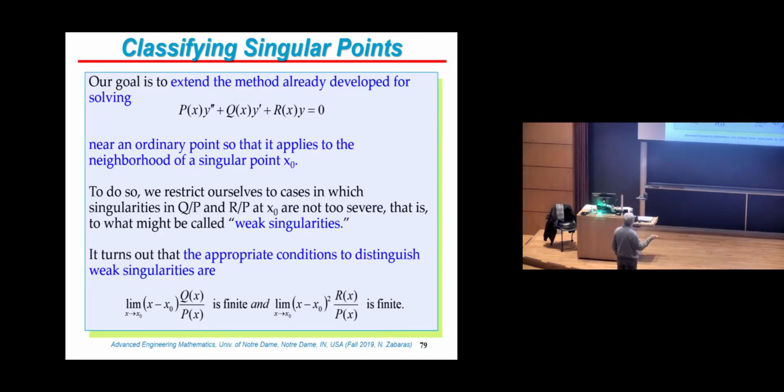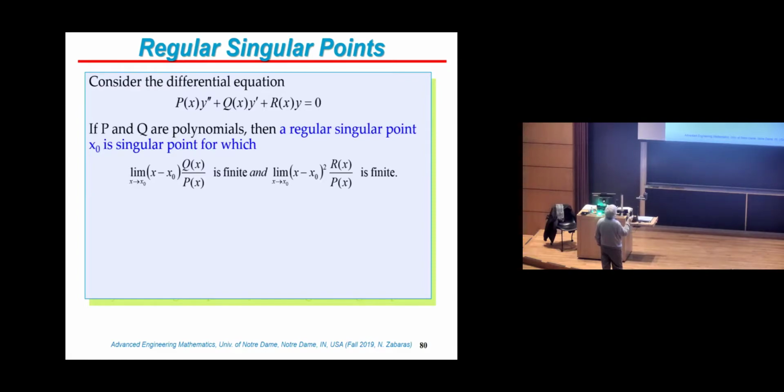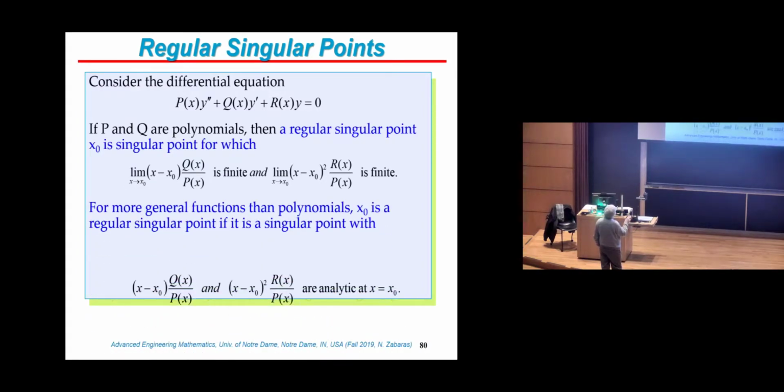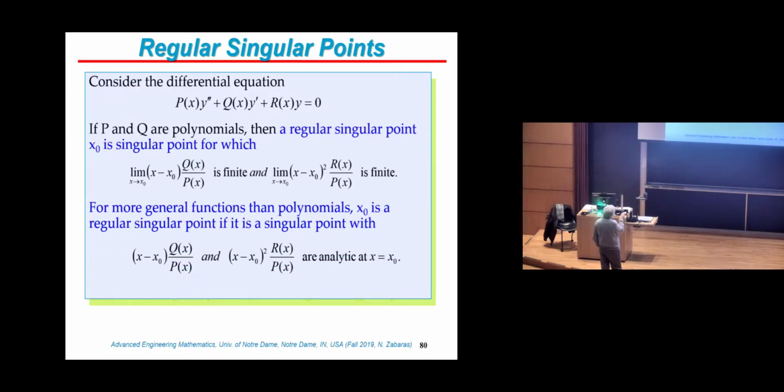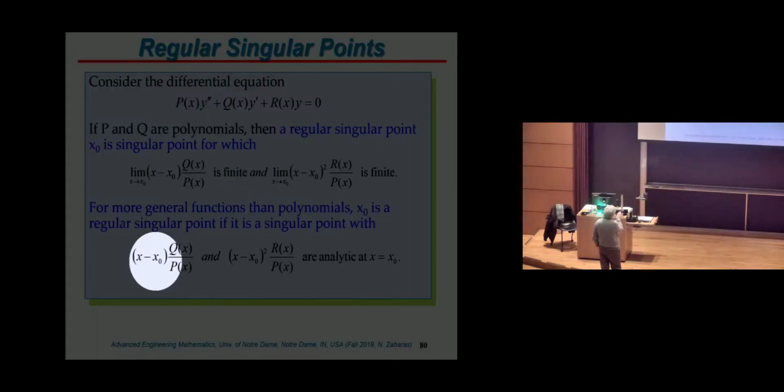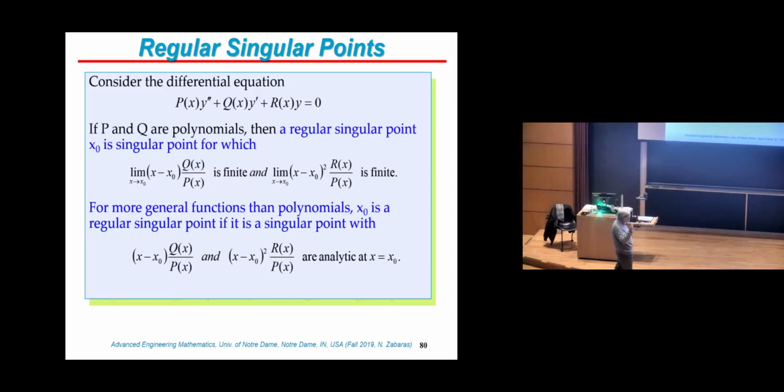In general, if Q, P and R are not polynomials, we will extend this and introduce the following definition. We would like to call something a regular singular point when x minus x0 times this and x minus x0 squared times that are analytic functions at x equal x0. So basically, they have a power series expansion.